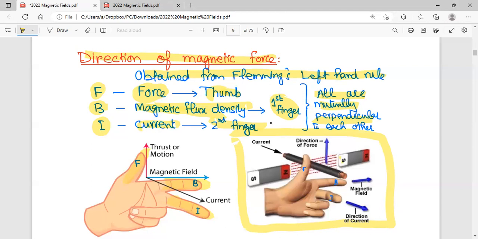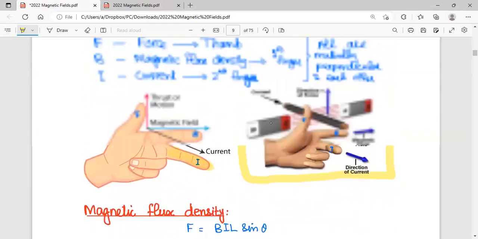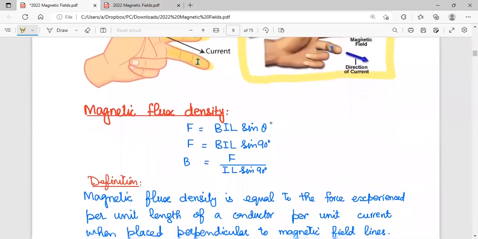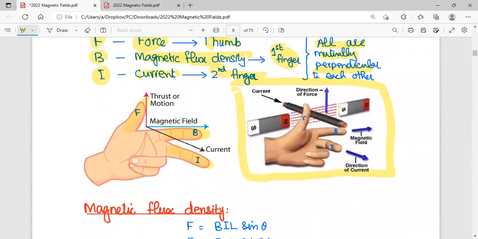And then the thumb is pointing upward, so it means that this wire is going to experience force in the upward direction. Okay, so this is known as Fleming's left hand rule, and its main use is to find the direction of magnetic force on a current carrying wire.